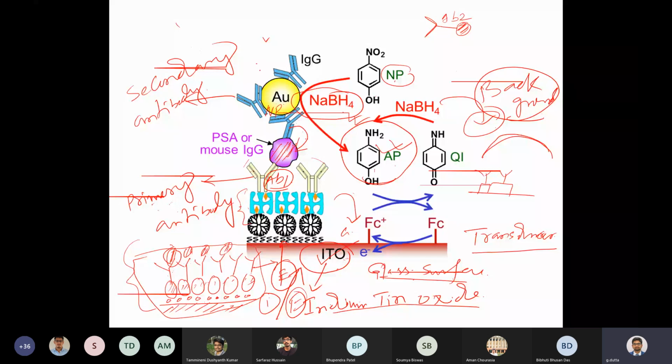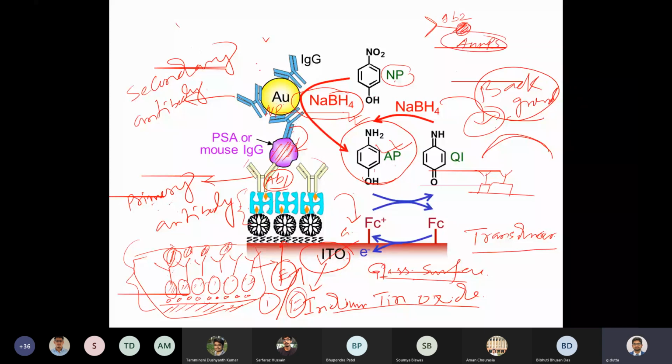So your primary antibody helps you bind your target, and the secondary antibody also helps. How will it help? It will bind to your target after adding it, so that the nanoparticle will come to your sensor surface. Basically, we are incorporating nanoparticles on the sensor surface with the help of the secondary antibody, which is already conjugated with gold nanoparticles.